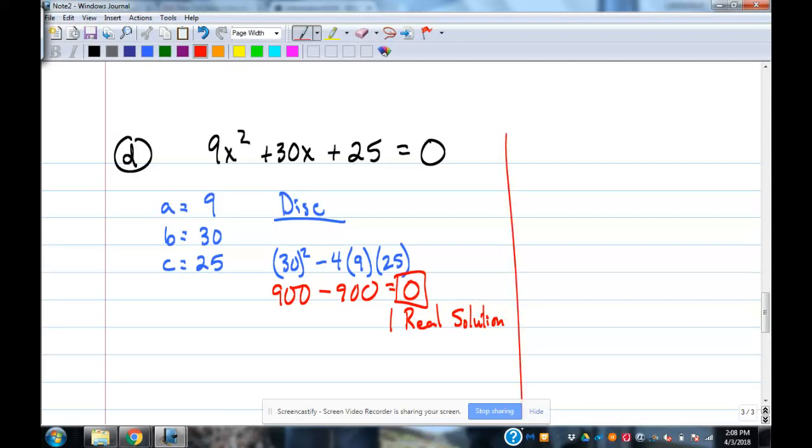All right, so we got one real solution. So we go and we work this problem with the quadratic formula with a 0 in the place of the discriminant. x equals negative b plus or minus radical b squared minus 4ac divided by 2a.